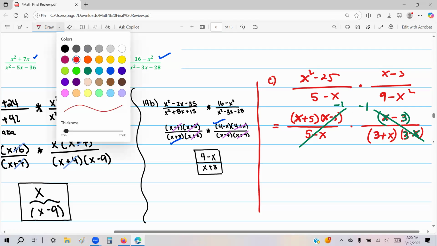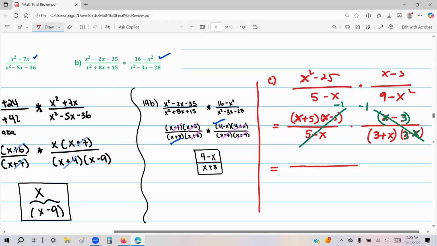So what do we have at the end? What is left on the numerator? We have -1 times -1. If you want me to rewrite to see what is happening, we have -1 twice because it cancels twice. And we have x plus 5 single. What if there was just one? You keep the negative.